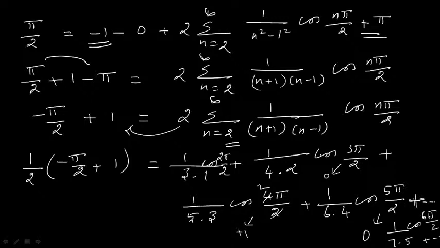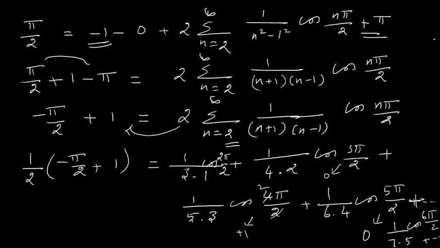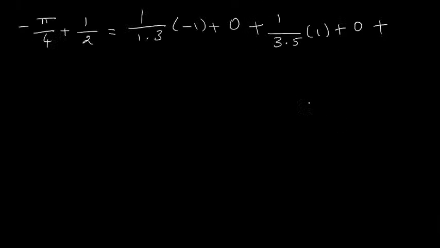Cos 3 pi. You know the value of cos 3 pi? That is minus 1, isn't it? So in your next term, you have 1 over 5 product 7 minus 1 plus etc. So this type of series we have to get, right?